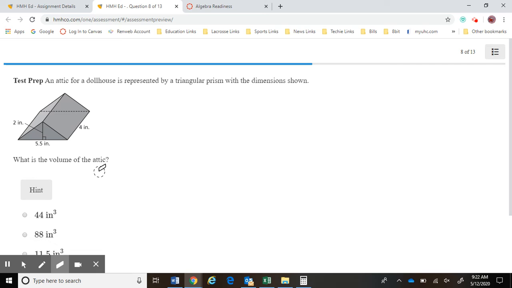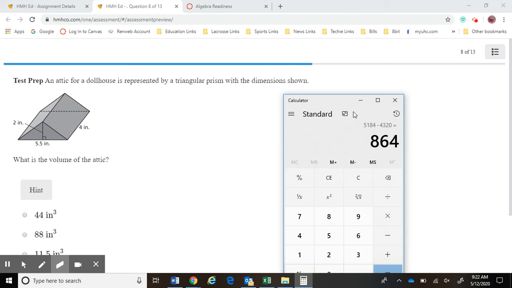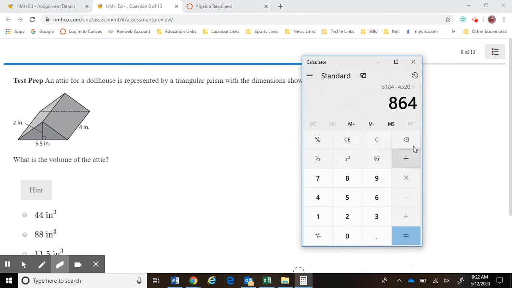An attic for a dollhouse is represented by a triangular prism with the dimensions shown. We already know how to do this because we've done it several times already. To find the volume, find the area of the base and multiply it times the height. Okay, so we know it's a triangle, right? So we're going to multiply the base and the height of the triangle. So let's see, 5.5 times 2, and then we find 1/2 of it, divided by 2.